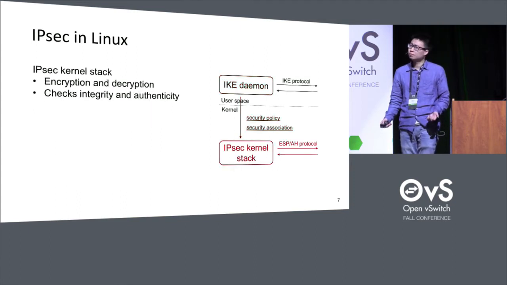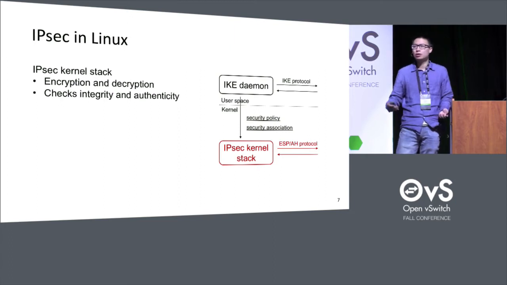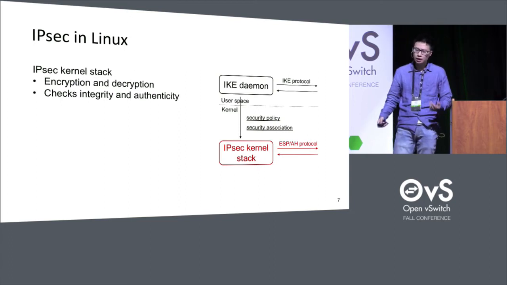With the security policy and the security association, the IPSEC kernel stack then matches IP packets and does encryption and decryption. It also checks the integrity and the authenticity of the packet. The protocols for doing that are ESP and AH.